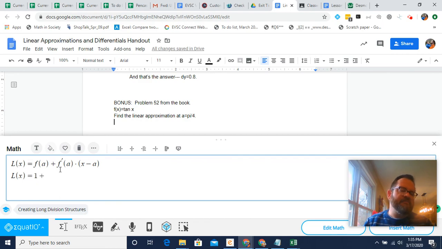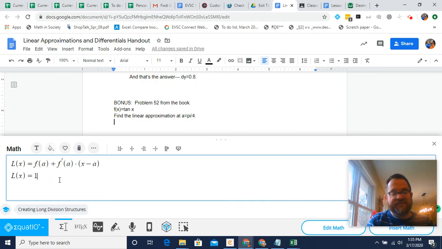All right, so I messed around with this here. Secant of pi over 4 is square root of 2, but it's secant squared, so the answer is 2. All right, I don't want to mess with all that right at this moment here. But derivative of tangent is secant squared, which the secant of pi over 4 is square root of 2.